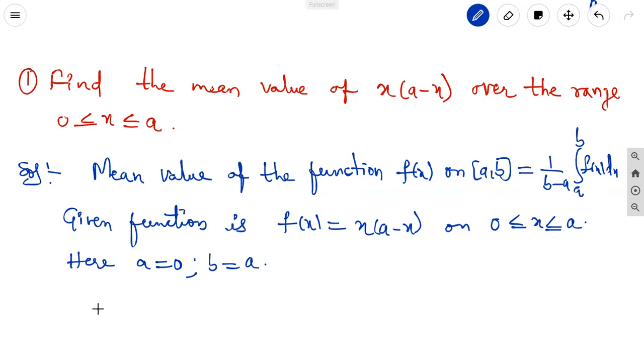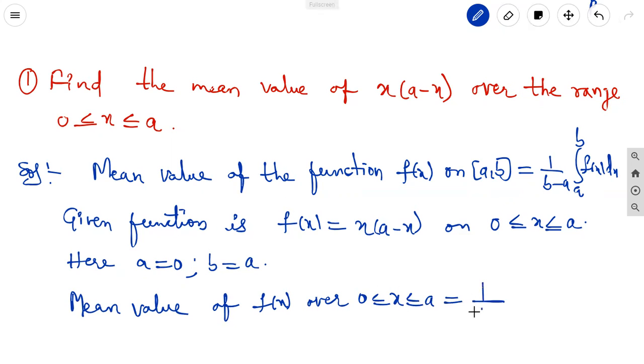Substitute. Then the mean value of f of x over 0 is less than or equal to x is less than or equal to a equals 1 by a minus 0 integral 0 to a f of x, which is x into a minus x, dx.